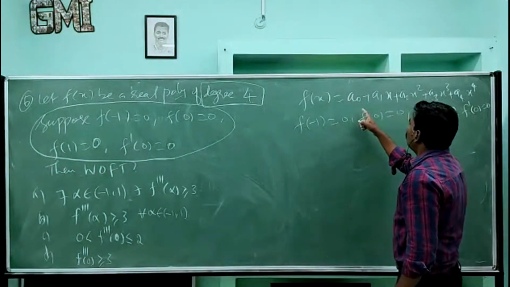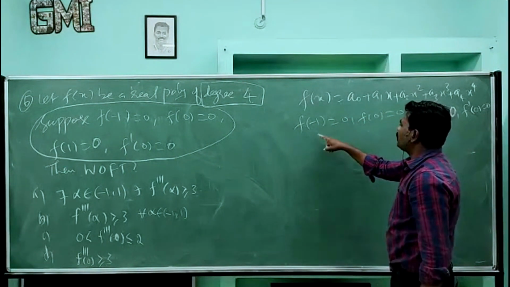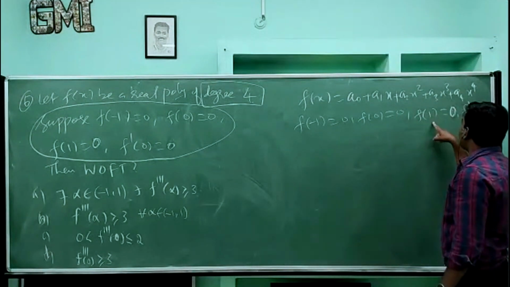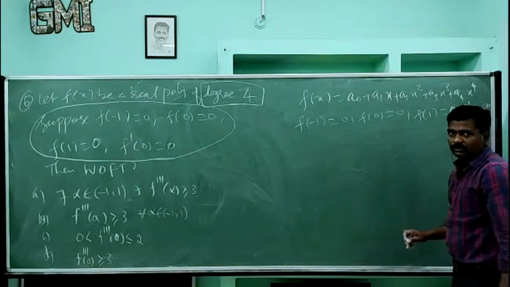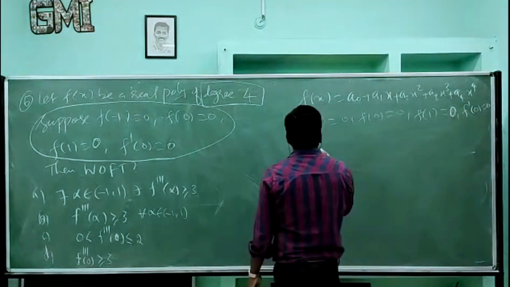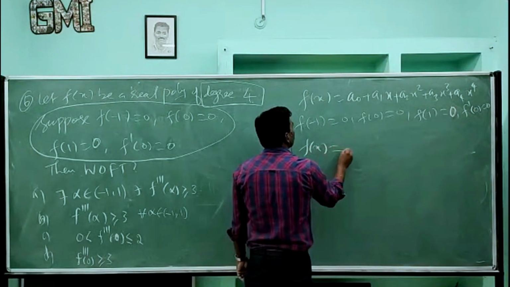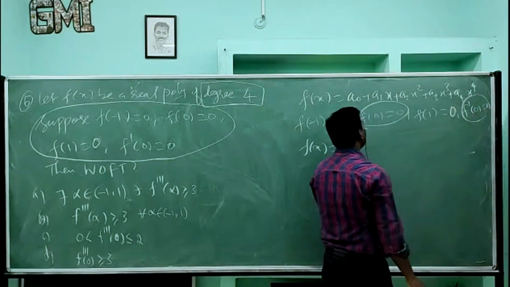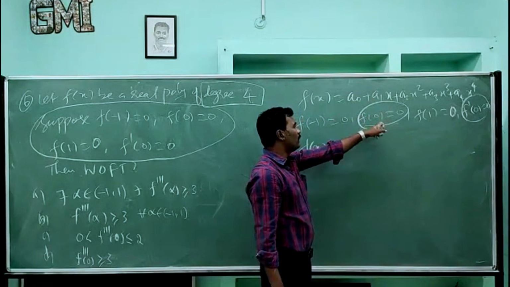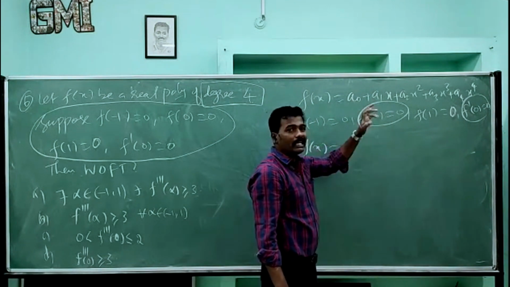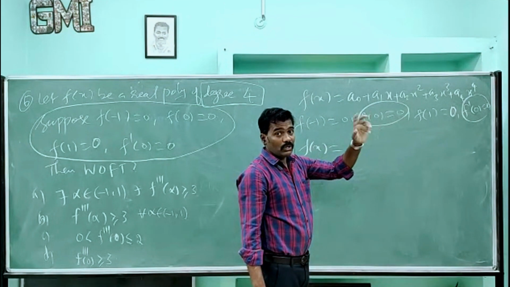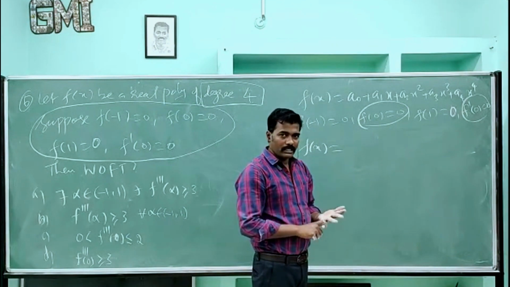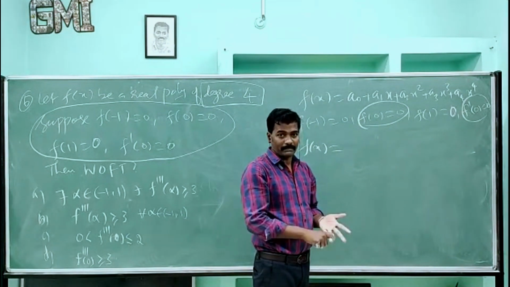So what is that property? The fourth degree polynomial takes 0 at minus 1, 0 at 0, 0 at 1 also, and the derivative is also 0. So how does f of x look? Zero comes two times, which means 0 is a root of the polynomial, and 0 is also a root of the derivative f prime.